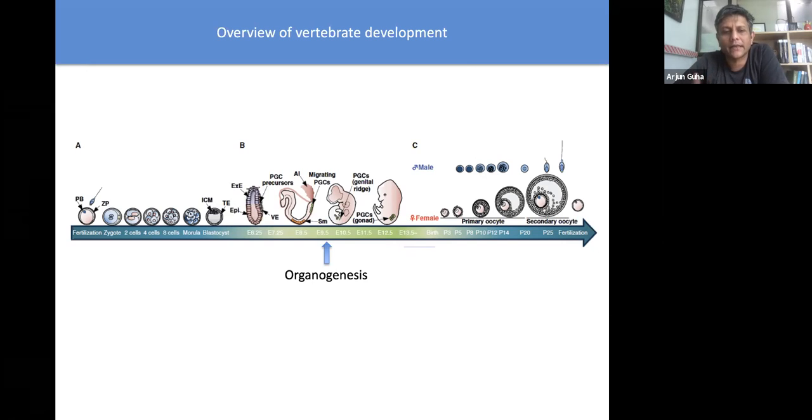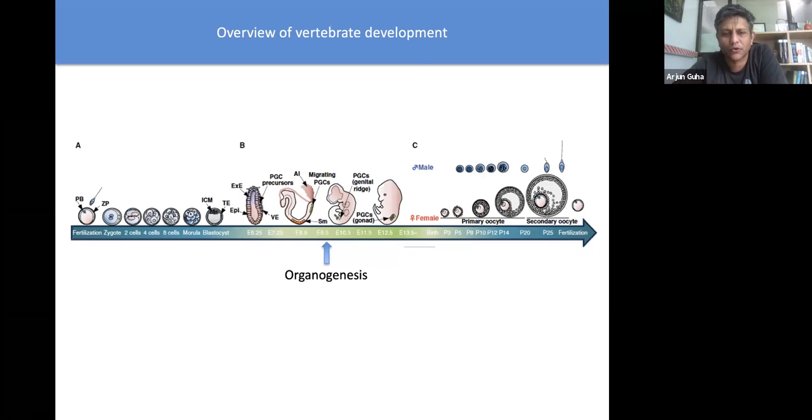There is a lot of complex tissue reorganization that happens from this simple structure that contains three layers of cells to forming an embryo, which now contains two tubes that run from head to tail, a neural tube and a gut tube. The gut tube, of course, is endodermally derived. The neural tube is ectodermally derived.